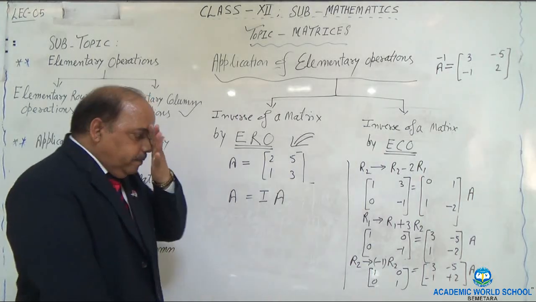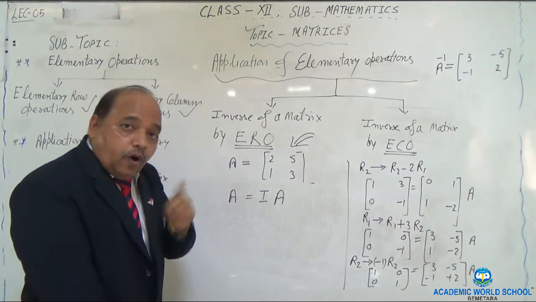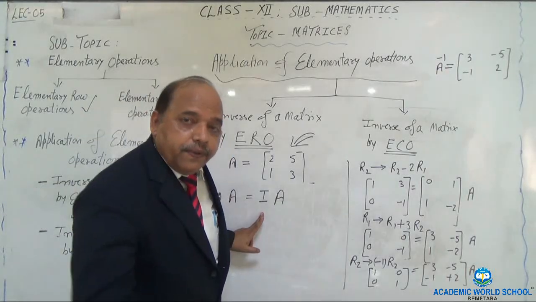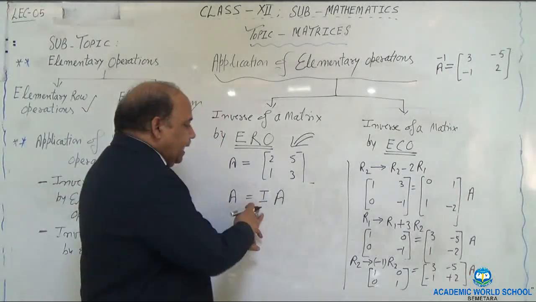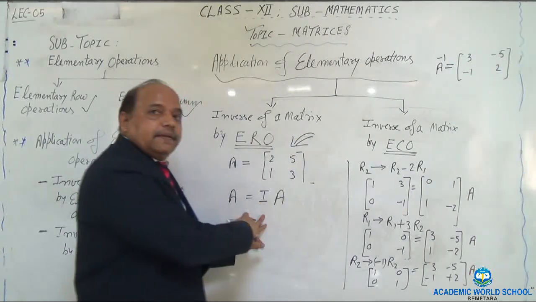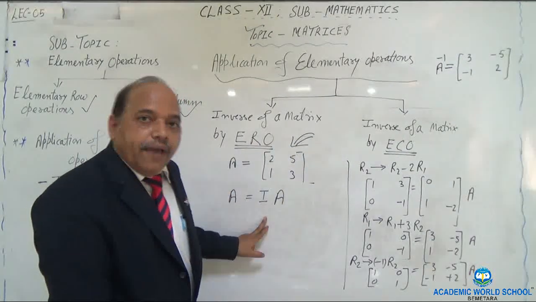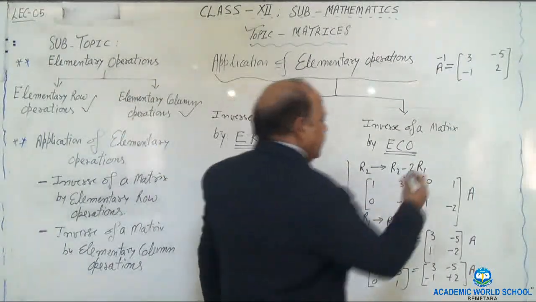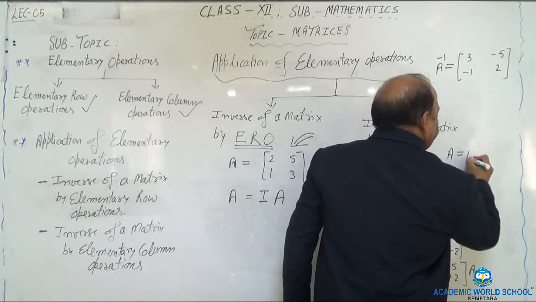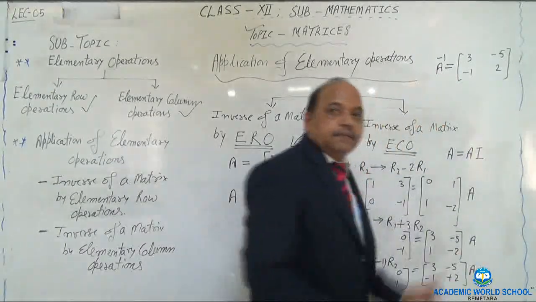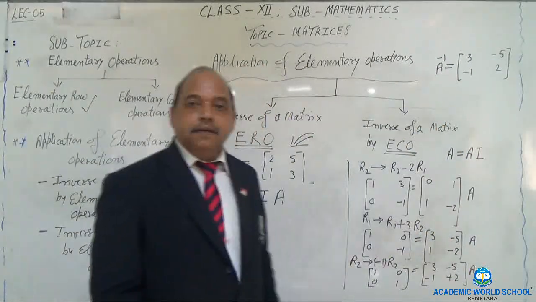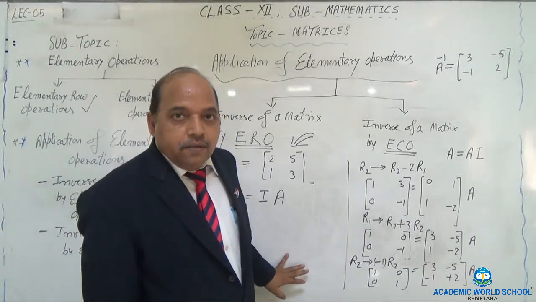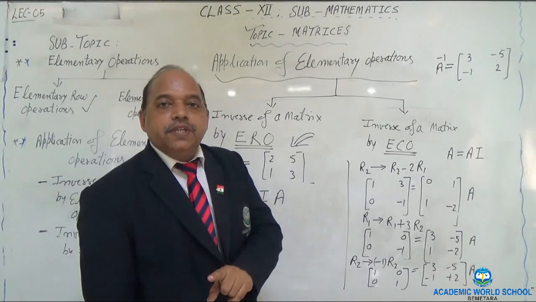For applying row operations, I has to be kept on the left side of A. Please remember that point. And when you apply column operations, you keep the identity matrix on the right side. If you miss this point, you will not get the result. This is the first point you need to remember.